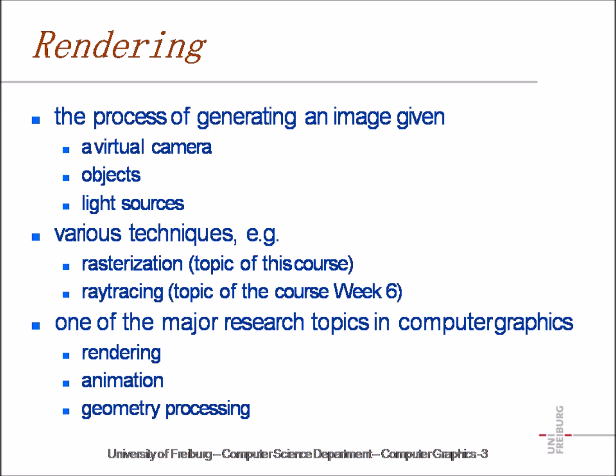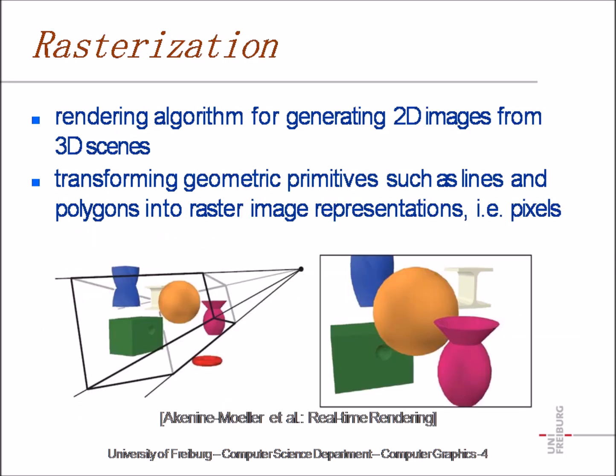This topic will be discussed in week 6. Hence, rendering is considered one of the major research topics in computer graphics in terms of animation designing and geometry processing. The most important and famous technique for implementing the rendering process is rasterization.